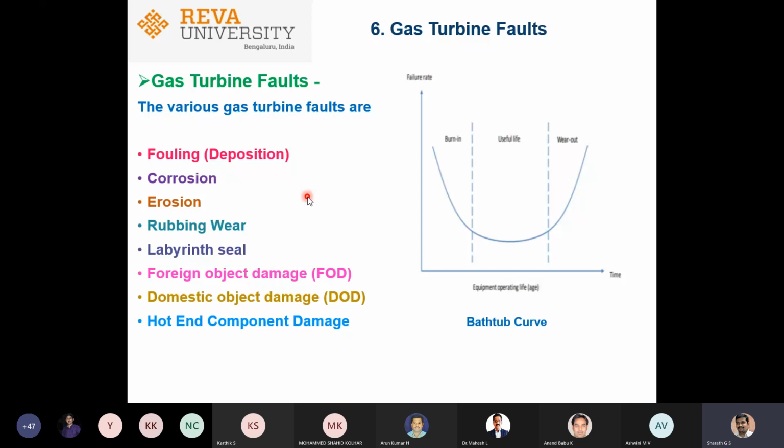So what is the potential solution to address this fouling issue? The potential solution normally employed by maintenance establishments is LP compressor wash, regular washing of the compressor blades, which increases the thrust slightly, which has come down because of fouling. It has to be monitored continuously at regular intervals.